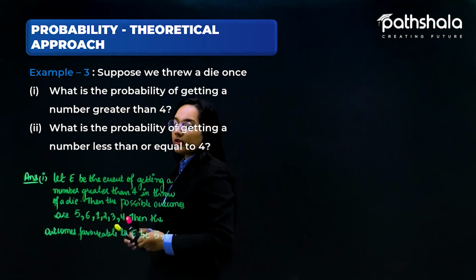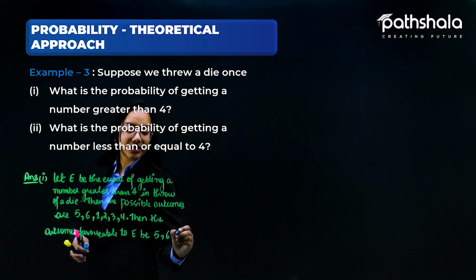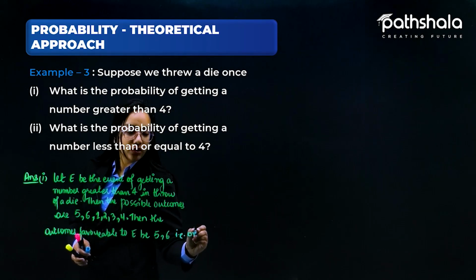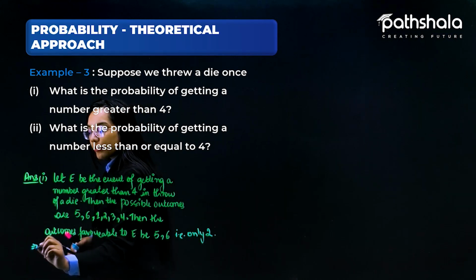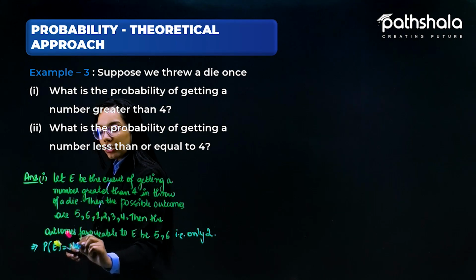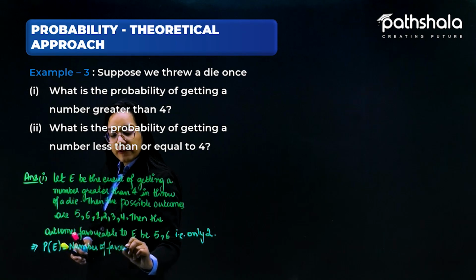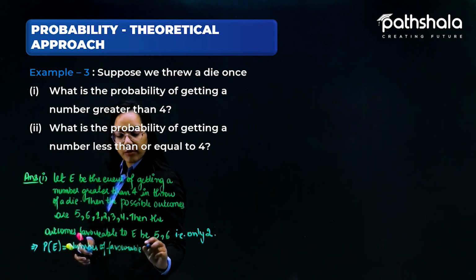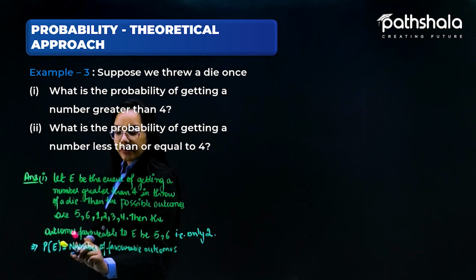Then the outcomes favorable to E are 5, 6, that is only 2. So it implies the probability of getting E is equal to the number of outcomes favorable to E divided by the total number of outcomes.